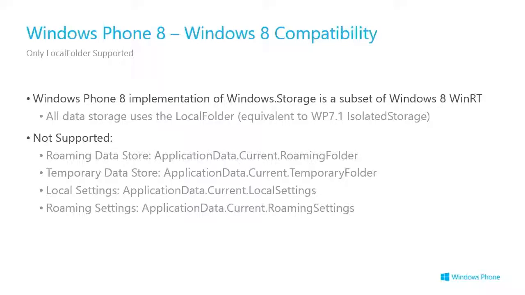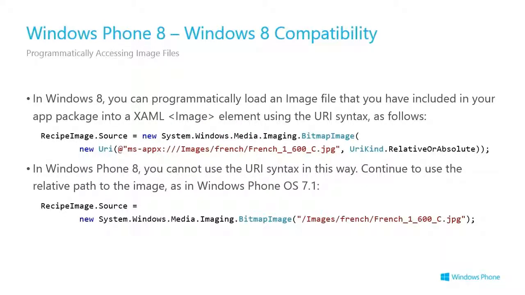Things that you don't get, though: if you've taken a class or learned about developing Store apps on Windows 8, the cloud is doing a lot of nice things for you. Roaming data, where you can pick up where you left off somewhere else, temporary data, and those settings, you do not have those in the phone. So don't try to use them, because they're just not going to work. You have to come up with another way of doing it.